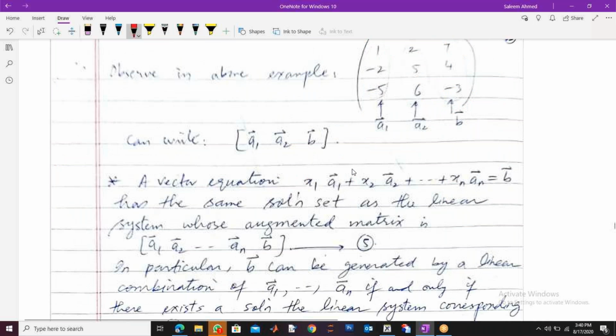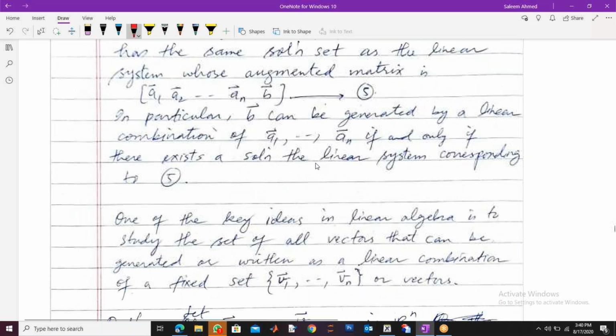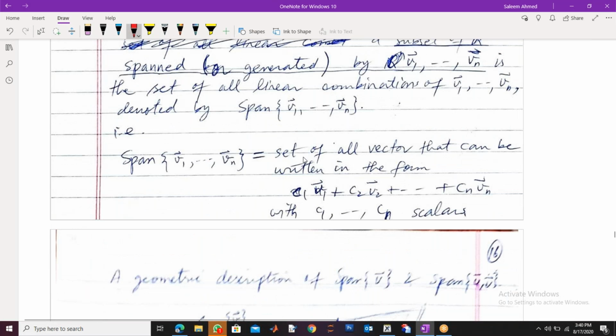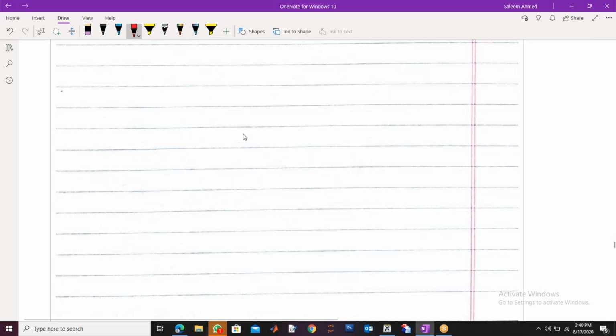So you see, if you look at the original question, the question was whether B can be written as a linear combination of A1 and A2, right?